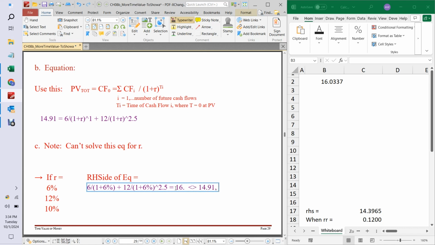So we conclude, okay, what we're looking for is right-hand side equal left-hand side. We want R that makes right-hand side equal left-hand side. All right, so I'll leave it to you to go ahead and do this yourself with 12%. So I'm going to plug in 10%.